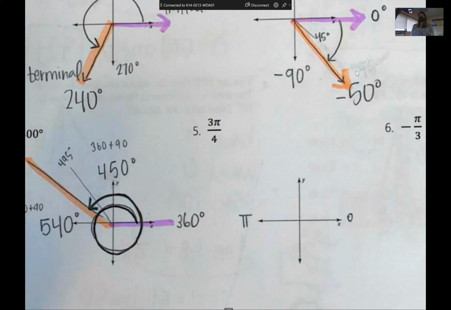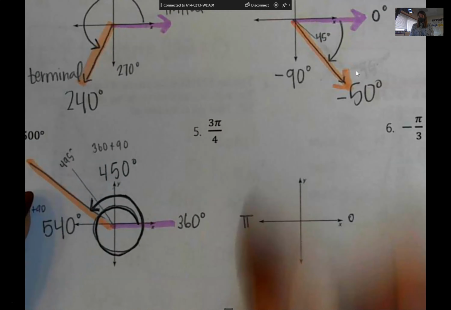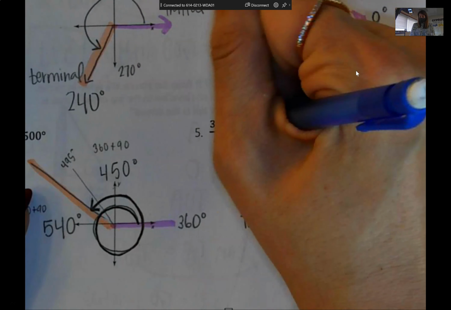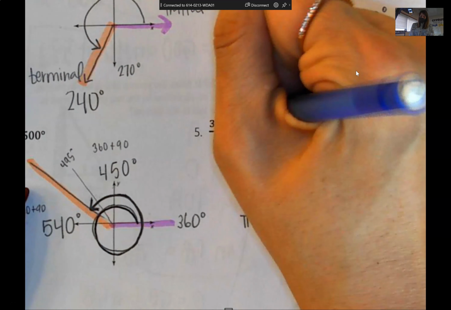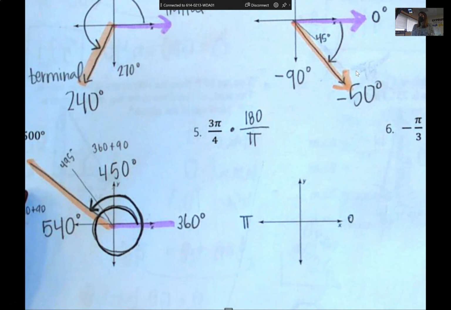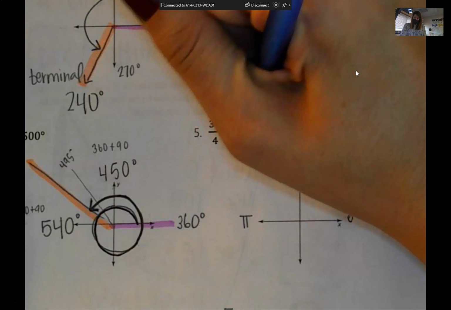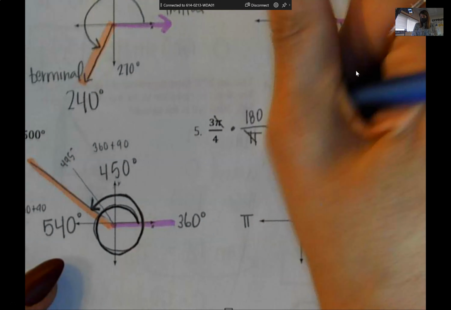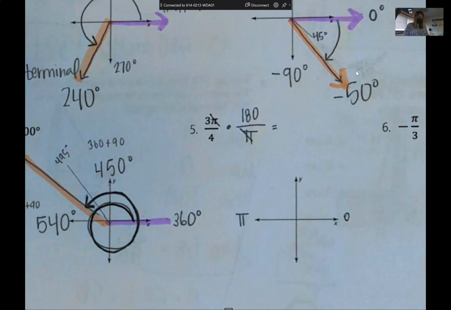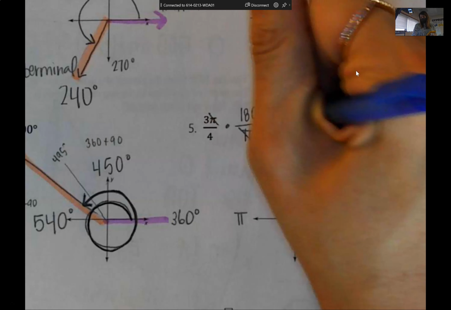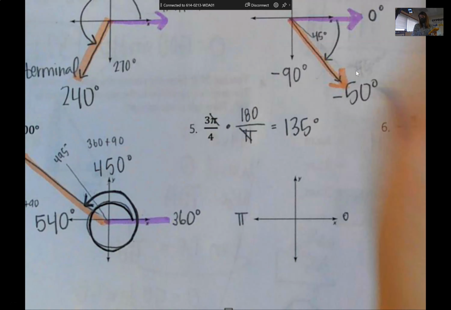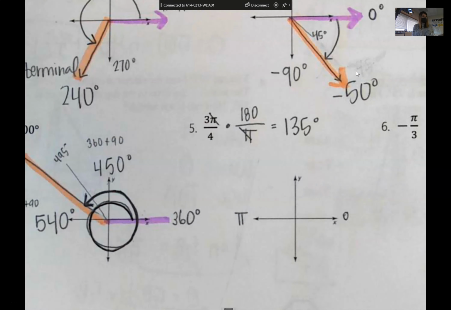I still feel like degrees is easier for me. So if I'm getting rid of pi, I have to put it in the bottom. I have to put 180 in the top. Those will cancel. And in decimals, I'll put 3 times 180. And then I can divide that by 4. And I'm getting 135 degrees. Did anybody else get that?